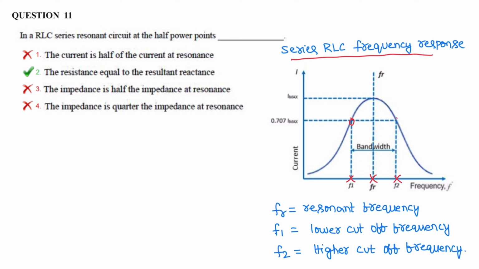At the higher cutoff frequency and at the lower cutoff frequency, the magnitude is 0.70 times the maximum value, or 1 by root 2 times the maximum magnitude, and the power is half of the maximum power. At cutoff frequencies, voltage is 1 by root 2 times the maximum voltage, current is 1 by root 2 times the maximum current, and the power is 1 by 2 times or half of the maximum power.